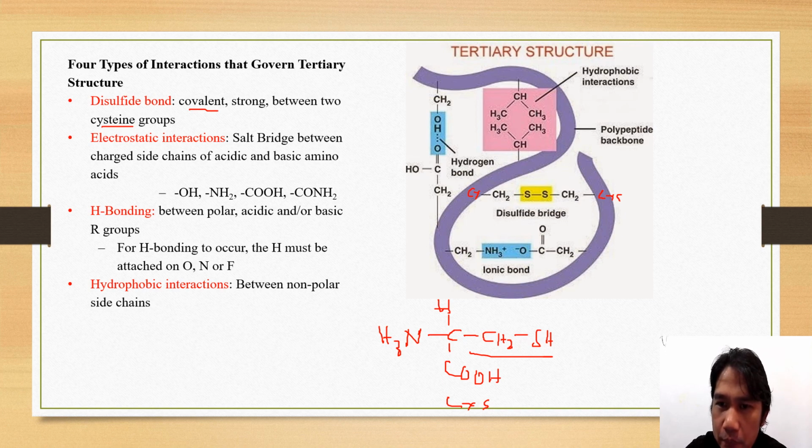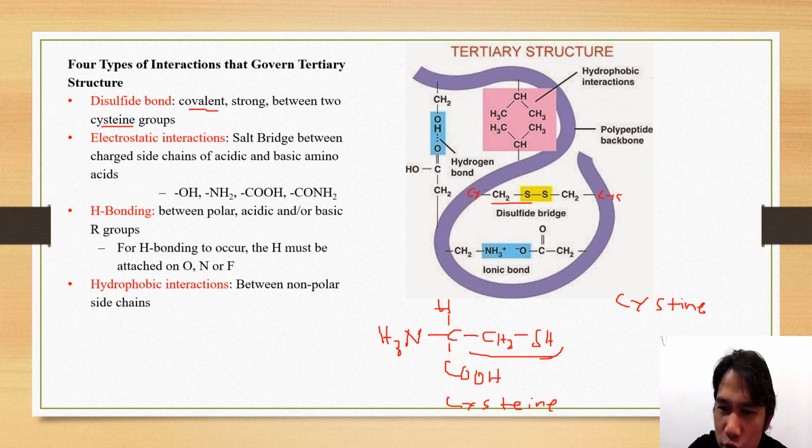However, when two cysteine residues form a disulfide bridge, we call these amino acid residues cystine. Cysteine refers to the individual amino acid, the reduced form.